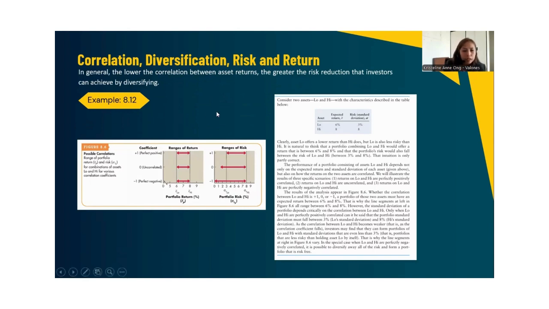If we look at another example, if the portfolio return ranges from 6 to 8, and there is no other correlation, the range of return will go this way. It will not be more than or less than that.